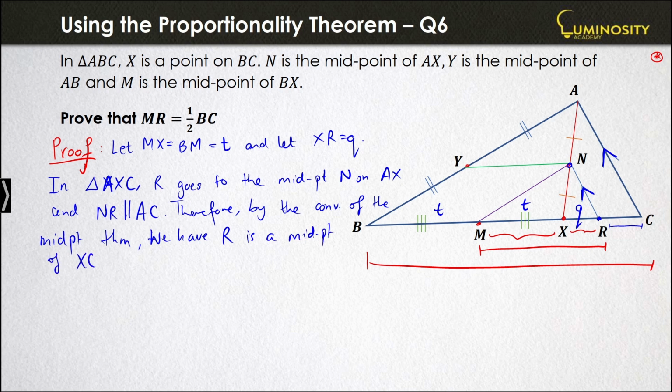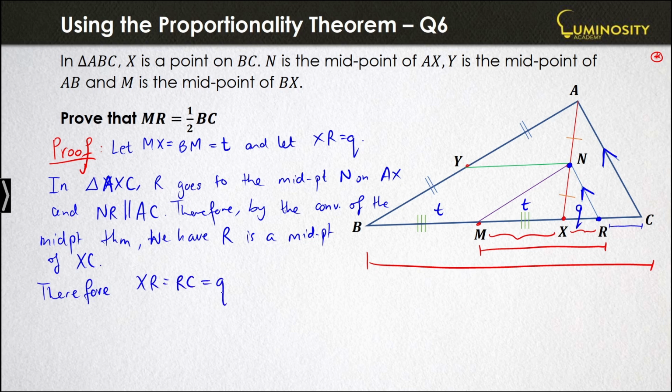If you have a point that goes to a midpoint on the opposite side, and the lines are parallel, then by the converse of the midpoint theorem, R must be a midpoint of XC. So this implies that XR equals RC, because it's a midpoint.